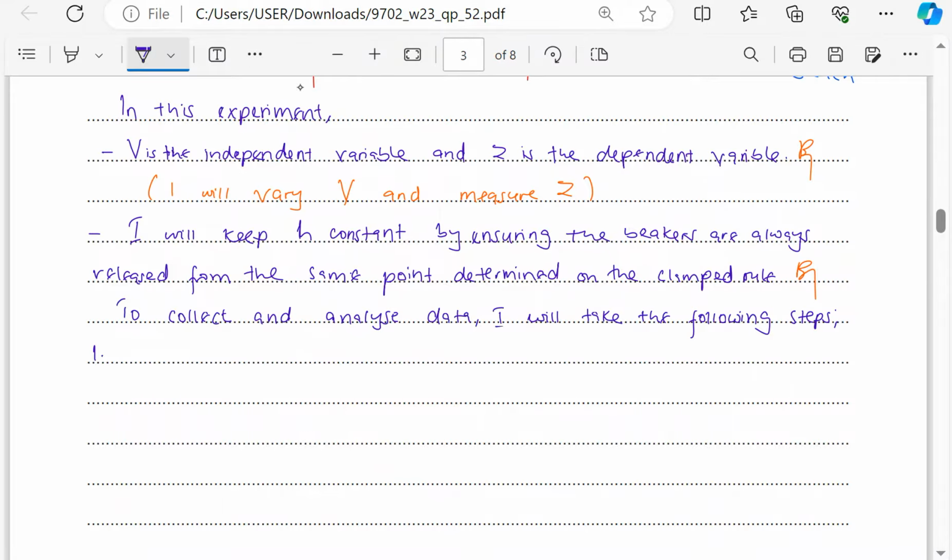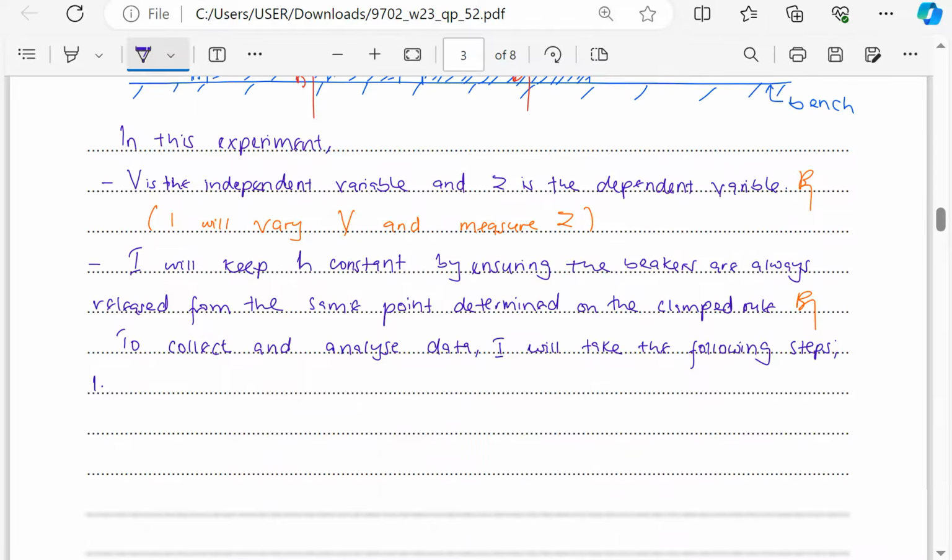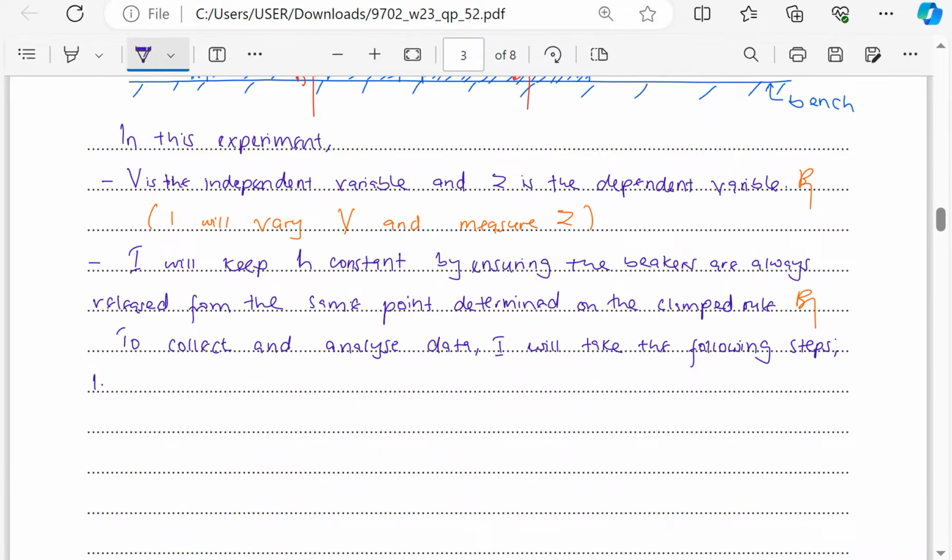First of all, I will measure the mass, because I said I need to measure the mass of the cylinders and ensure that it is always constant. So I will measure M, the mass of the beakers.